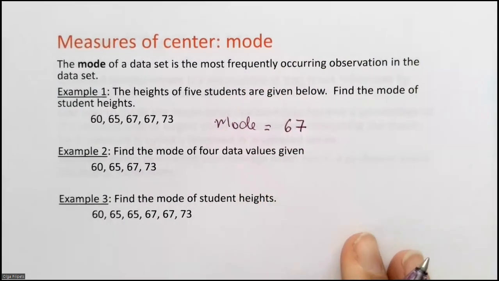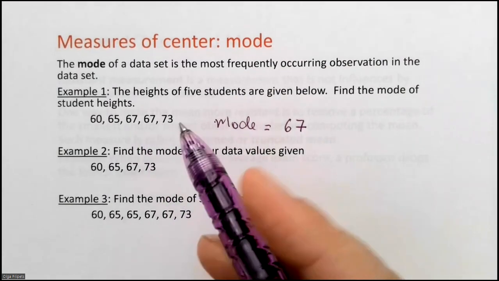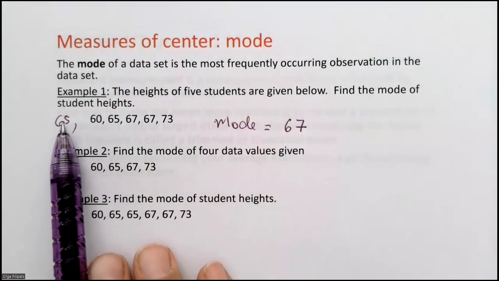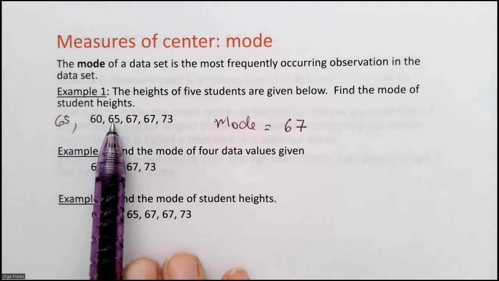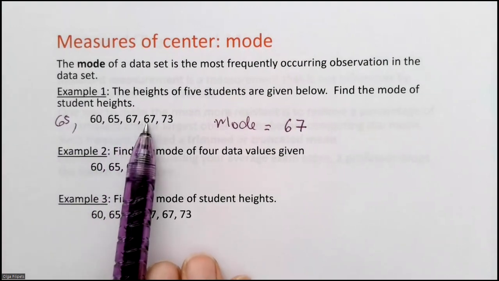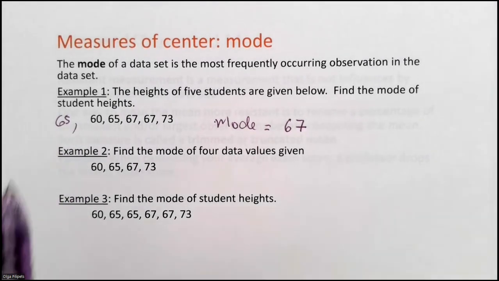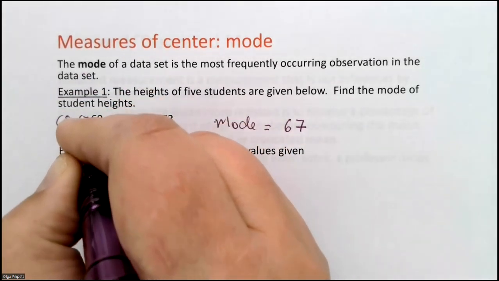67 occurs the most. Now, let's say that we had another value of 65 here. So now 65 would occur the same number of times as 67. We would say that this data set has two modes. Two modes that occur the same number of times. Now, what if, in addition to this 65, we had another 67?